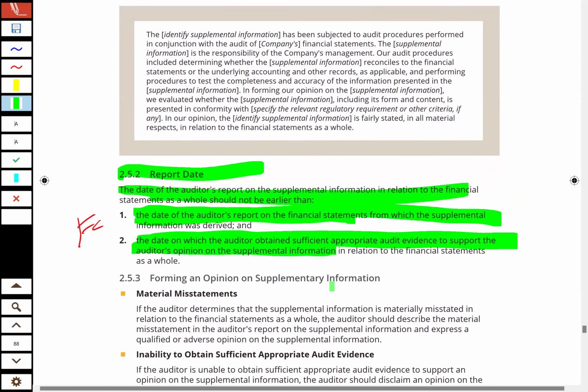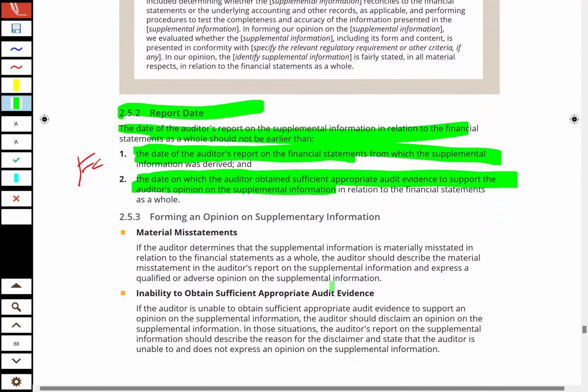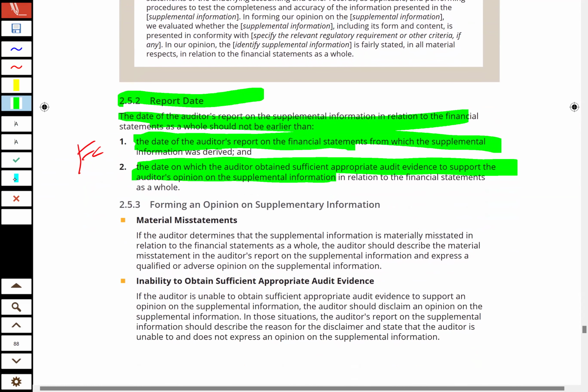Now, you come over and we talk about material misstatements. If the auditor determines that supplemental information is materially misstated in relation to the financial statements as a whole, describe the material misstatement in the report on the supplemental information and express a qualified or adverse opinion. Now, we saw that, and we saw that if that's the case, you could qualify or adverse the supplemental information or withhold the report.